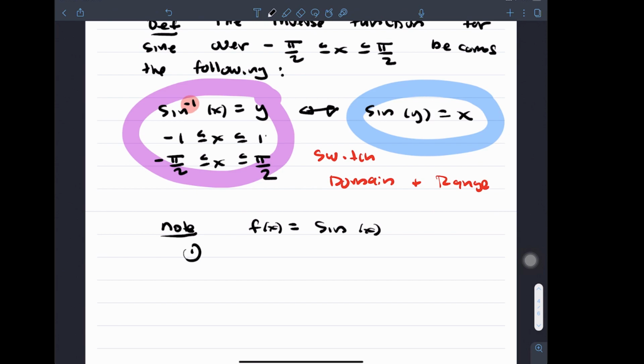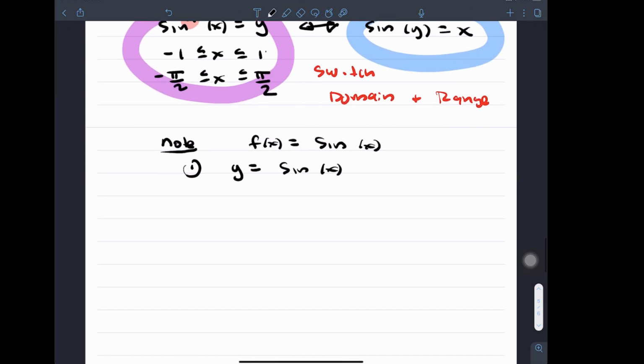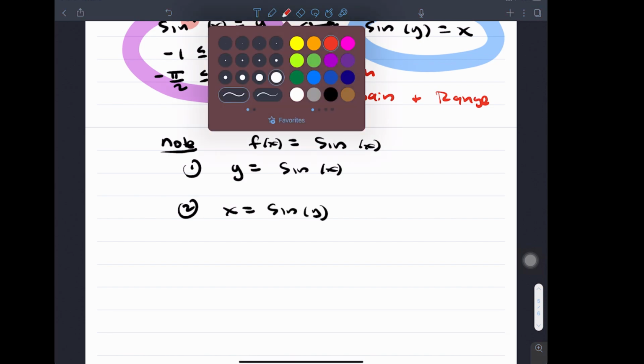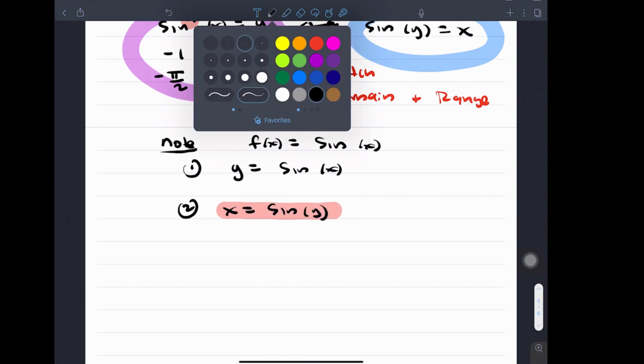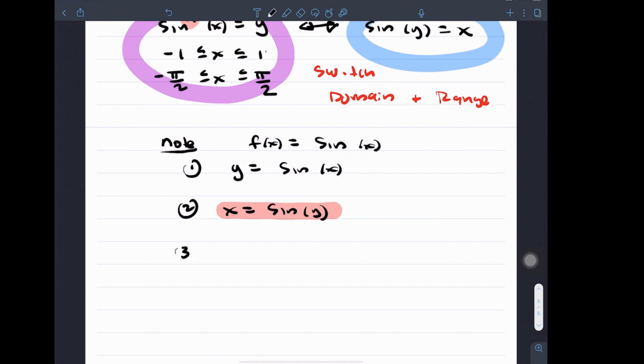Remember the first step, let y be f of x? So they say let sine be y. Remember the inverse process? Step 2, switch x and y. X is sine y. This is the switch step. And then you say, okay, what was step number 3? Solve for y? Well, you can't solve for y algebraically.